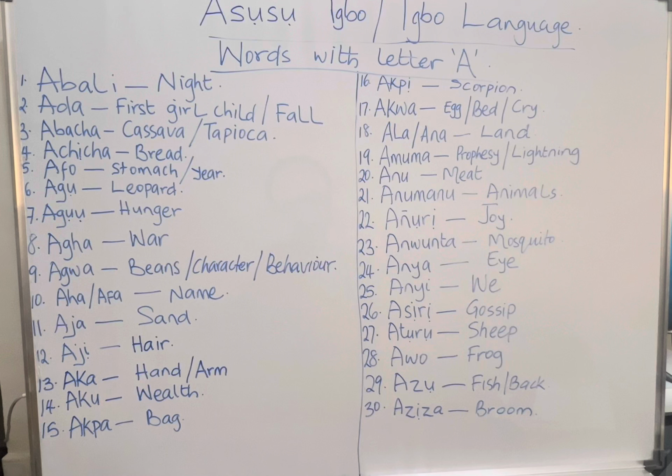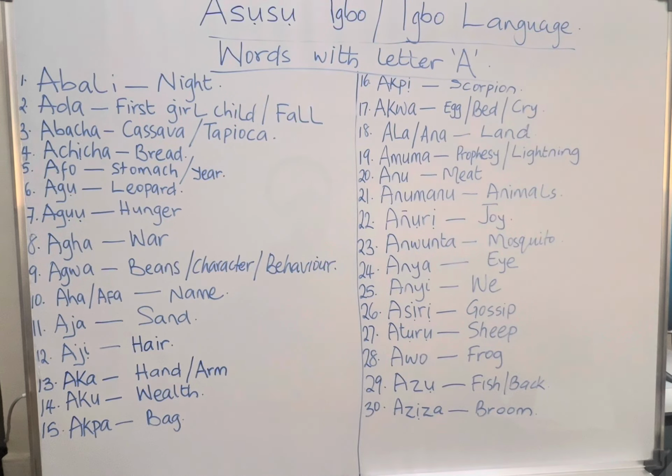Number 28, we have awọ. Awọ is frog. Number 29 is azụ. Azụ is fish or back.